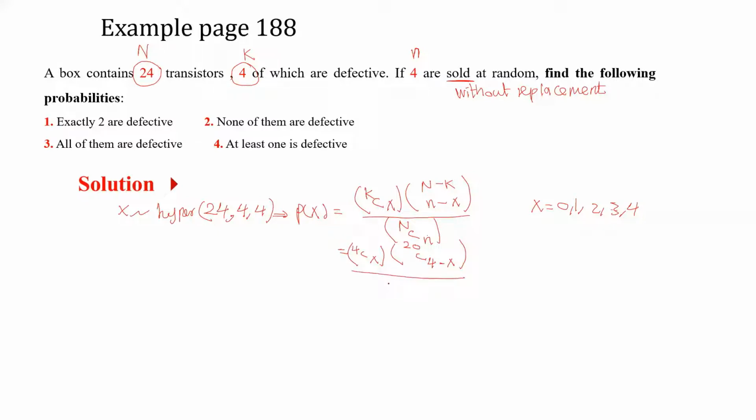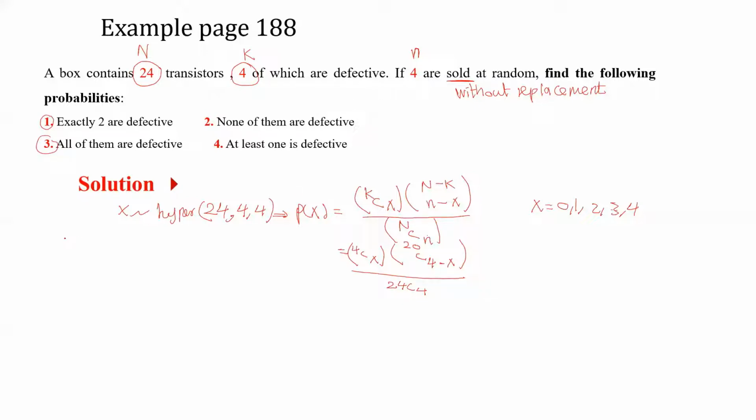Over N is 24, combination 4. So we use this to find each value of these questions.